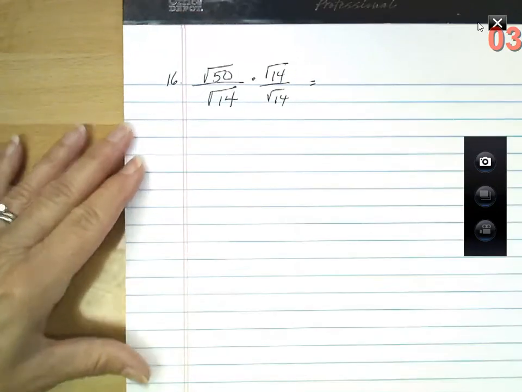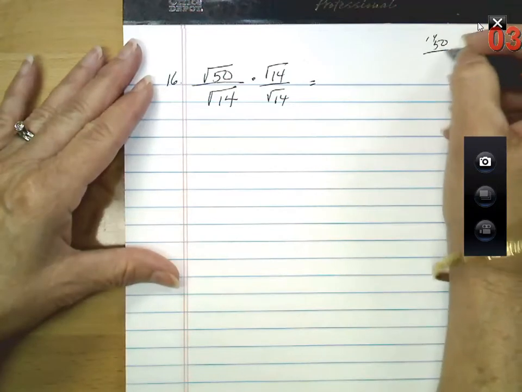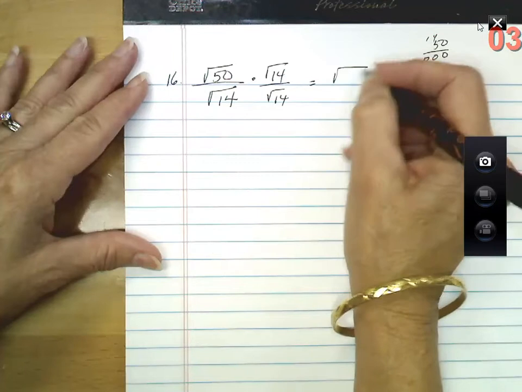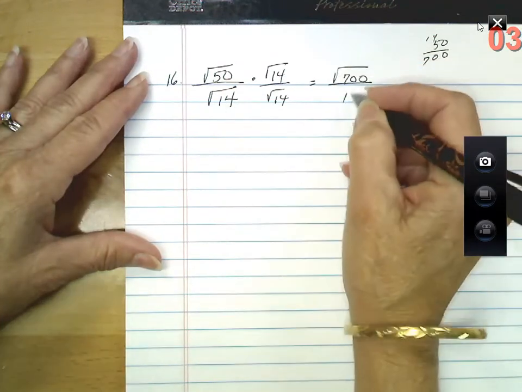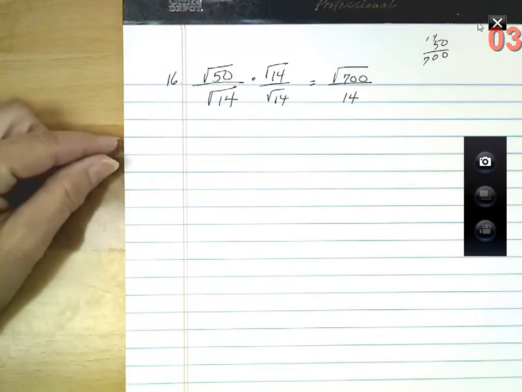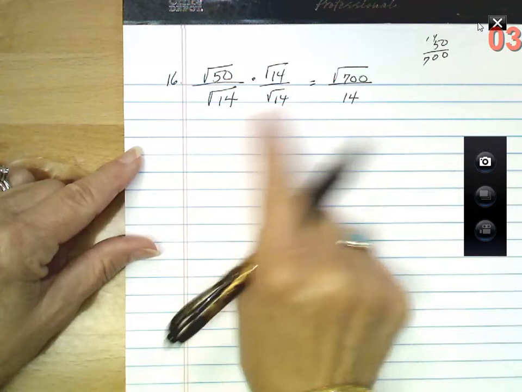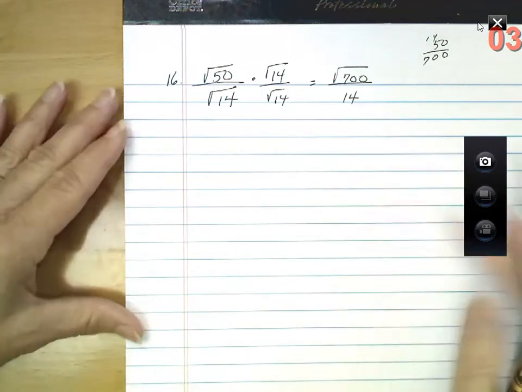Then 50 times 14, is that 700? Yes. And then this one just gives you a 14. I'm sure you figured out by now, whatever the denominator is, you take the square root of it, you're just removing the radical sign, so you get a 14.